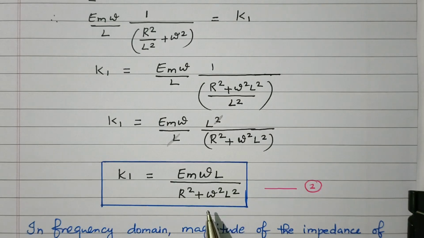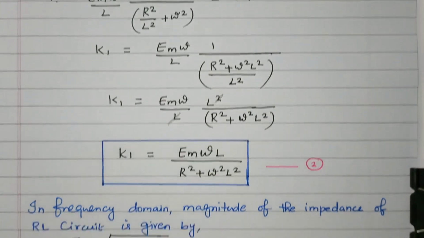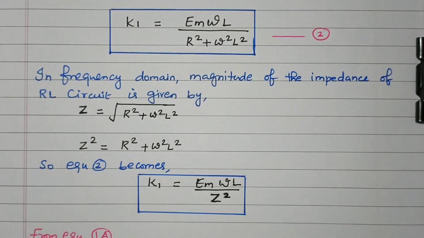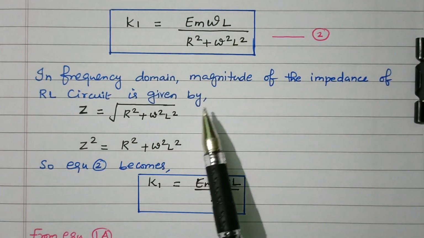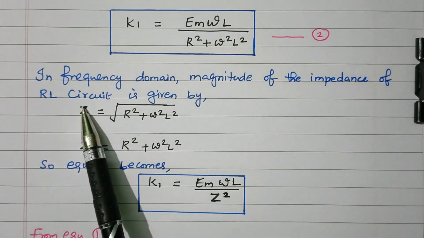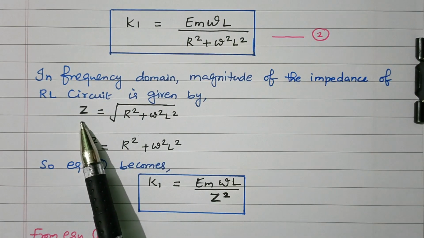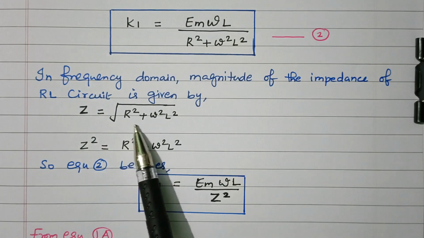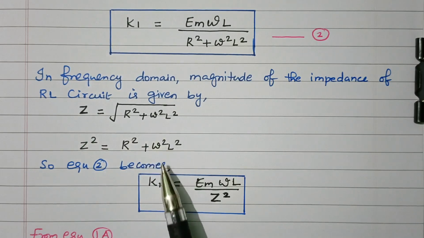So by substituting s equal to minus R by L, we got the value of K1. Some more simplification is there. In the frequency domain, the magnitude of impedance of an RL circuit is given as Z equal to square root of R square plus omega square L square.